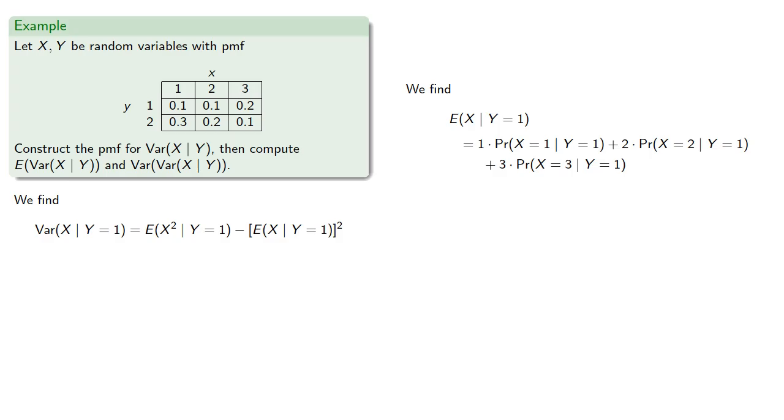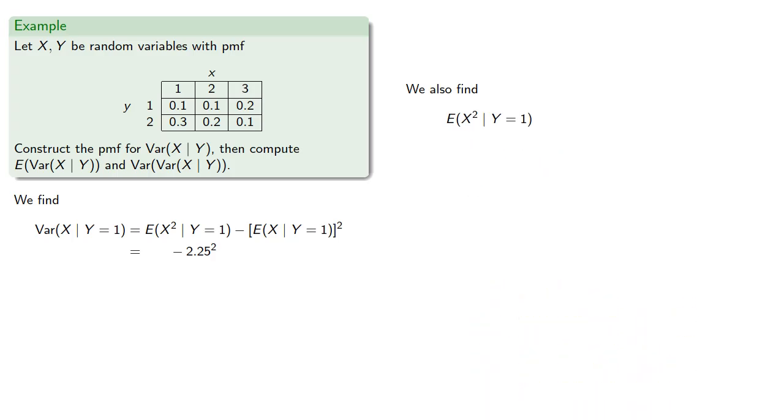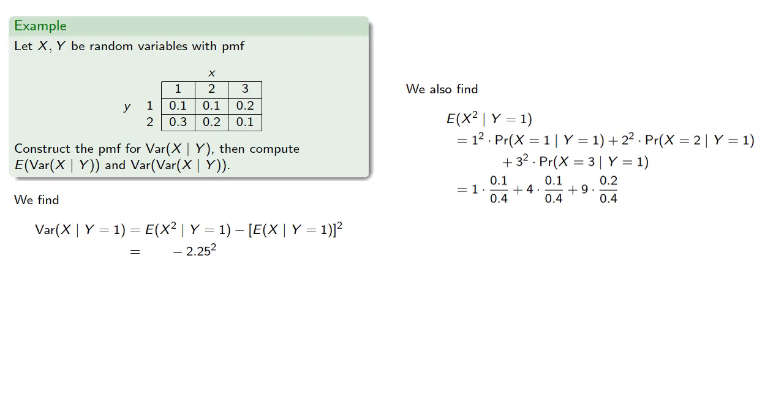And these are all conditional probabilities, so this will give us the result. We also find the expected value of x squared, which is the sum of the squares times the probabilities, and so our variance is.